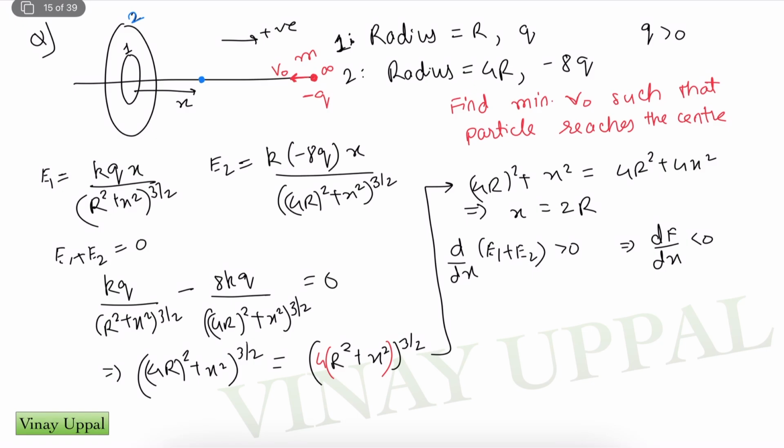Rather, we will use the result that the field of a ring is maximum at r by root 2. So, and from the graph, we'll be able to quickly figure out the slope of the electric field. So let's just do that on the next page. I know that the electric field, this is r by root 2.